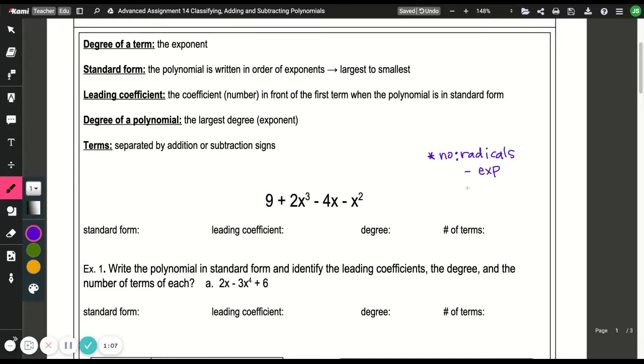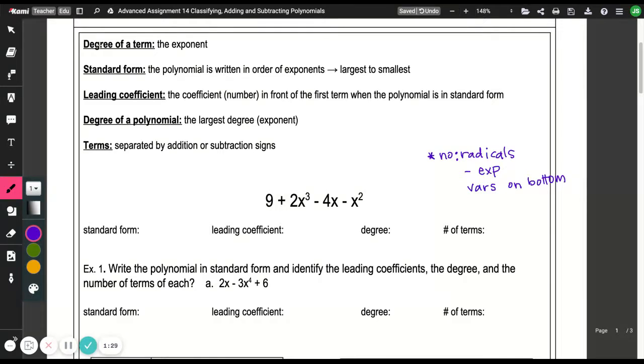You cannot have variables on the denominator, so variables on the bottom. That goes with the negative exponent. Okay, we can't have any of these. If it has any of those, it's not a polynomial, and none of this applies. So we wouldn't be doing it anyway.